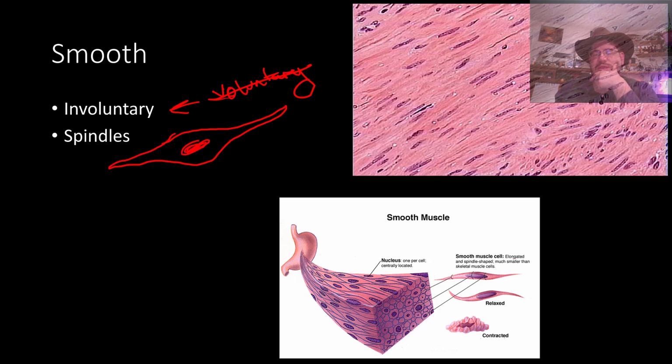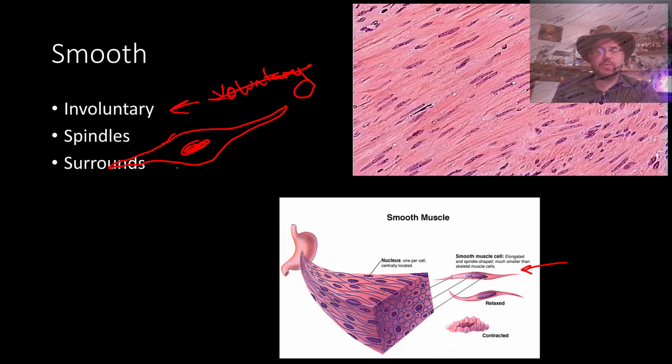Big old nucleus. They got the picture here, but I like drawing. Anyway, they can contract and relax because they're muscle, but they don't contract and relax near as much as skeletal muscle.